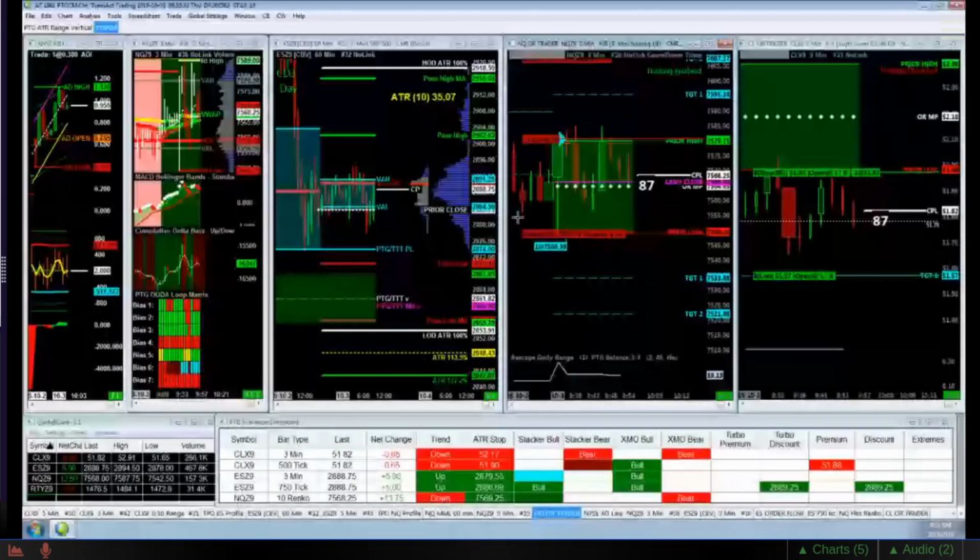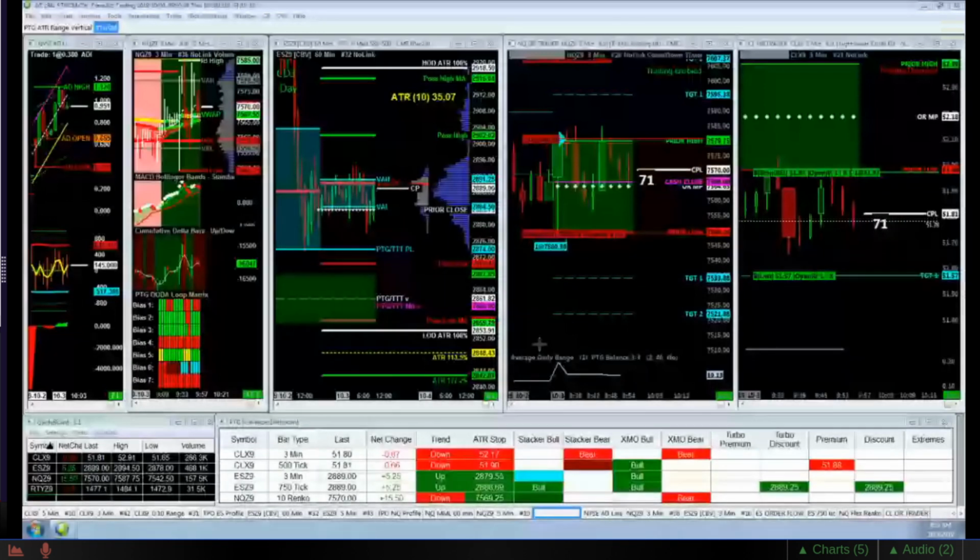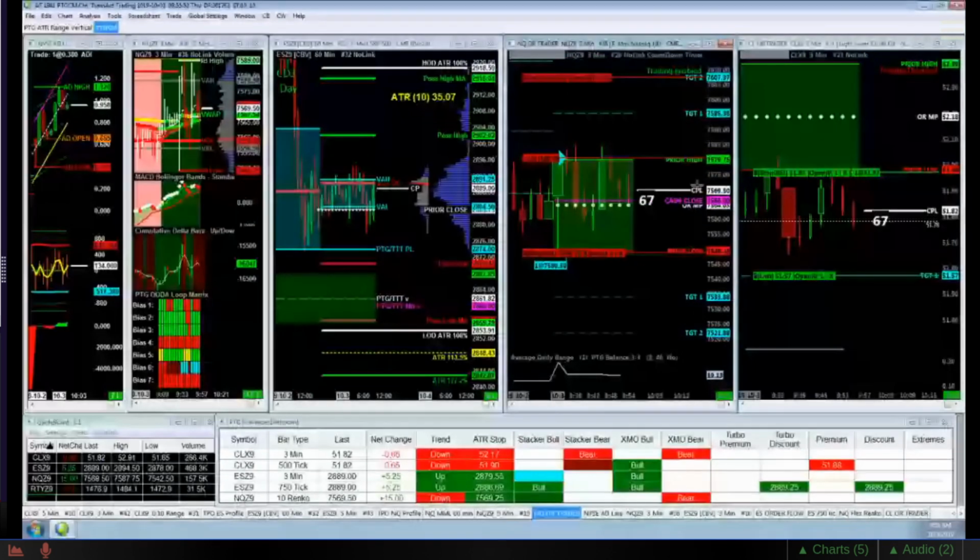As a matter of fact, I'm testing an opening range where it continues to re-engage over a period of time. But right now, that's not the case.